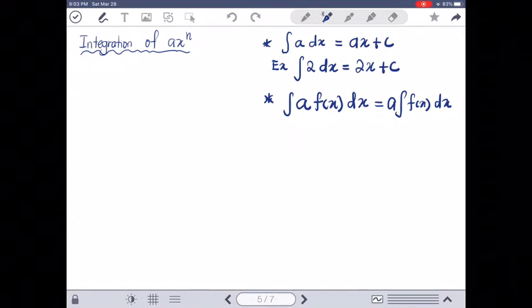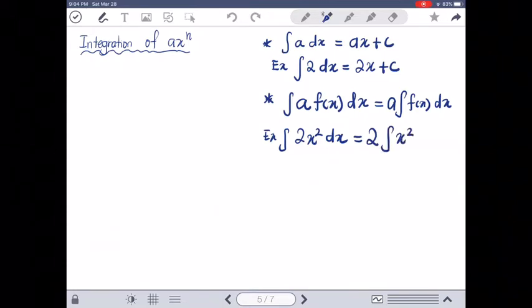For example, if I want to integrate 2x squared with respect to x, I can bring 2 outside because 2 is just a constant. This is equal to 2 times the integration of x squared with respect to x.